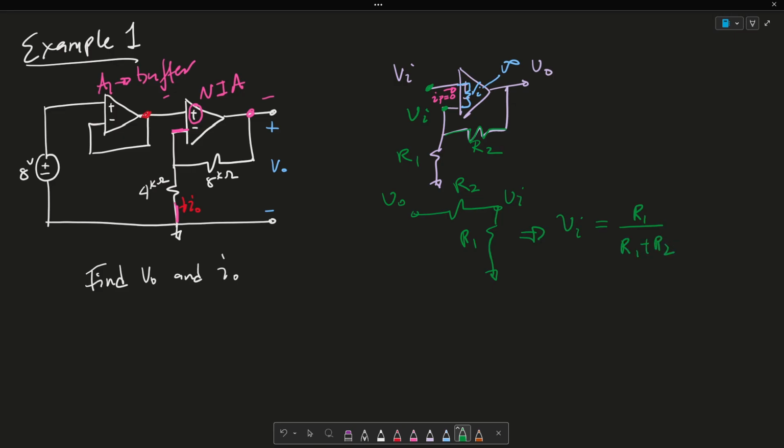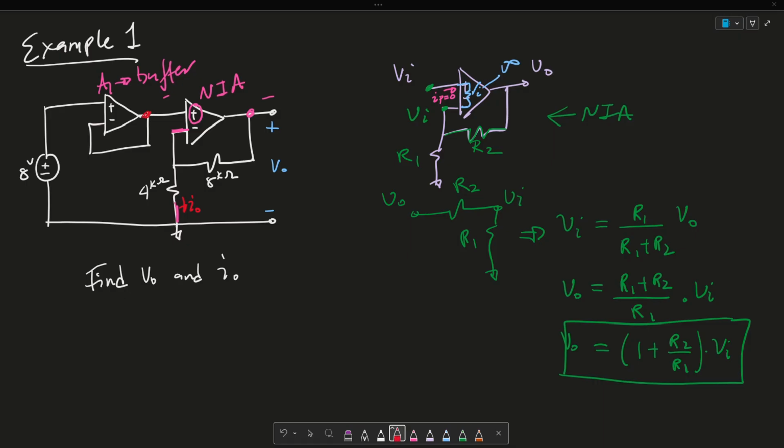That's just the voltage divider equation times V out. Since I'm trying to solve for V out, V out is going to be R1 plus R2 over R1 times Vi. And this is the equation you normally see, which is 1 plus R2 over R1 times Vi. So that's for a non-inverting amplifier. So this is my equation here.